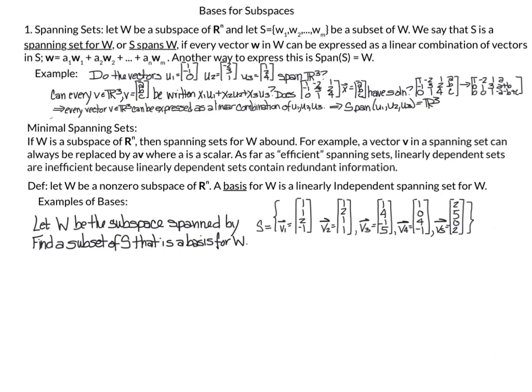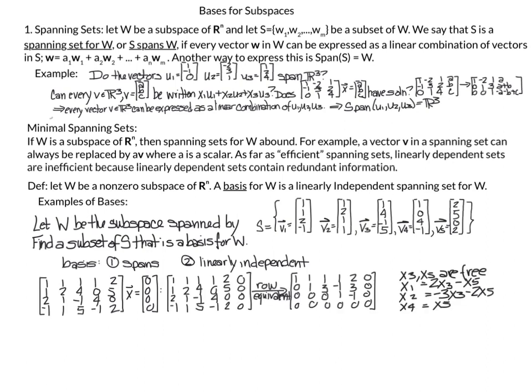We want to find a subset of S that is a basis for W. To find a basis, we need two things. We need our set to span, and we need them to be linearly independent. By definition, this set of 5 vectors will span the space we are interested in, so we need to find a linearly independent subset of these 5 vectors.